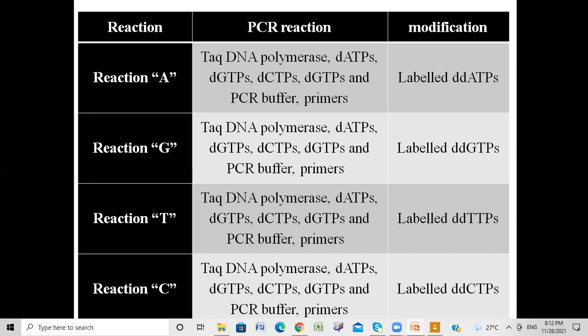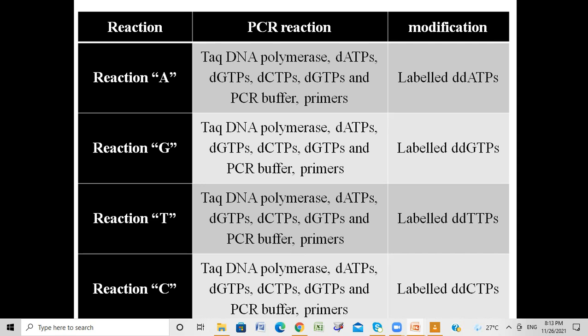This is the Taq DNA polymerase for the chain elongation. These are the four deoxyribonucleotides: adenine, guanine, cytosine, and thymine, and the PCR buffer and the primers. These are the things needed for the PCR reaction. In addition to that, we are adding a small quantity of the ddNTP as well.